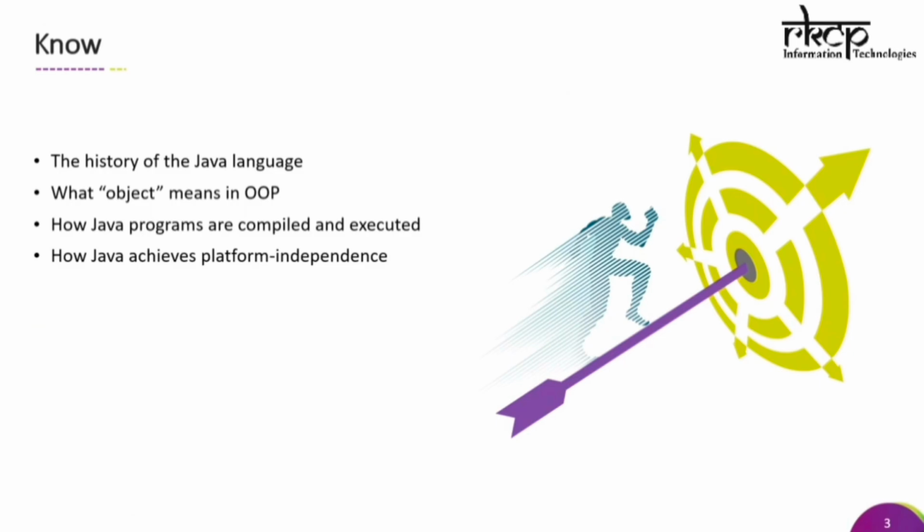Here your Java programs are compiled as well as interpreted. Inside the Java language, to create the object file, we move in two steps. First step, we have to compile, and after compilation you will get one code called bytecode.